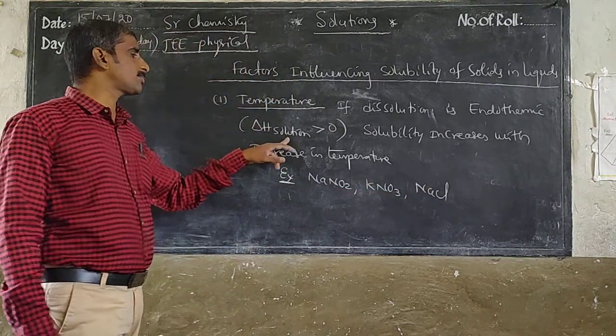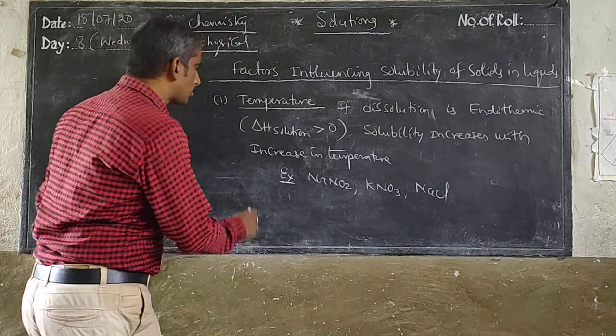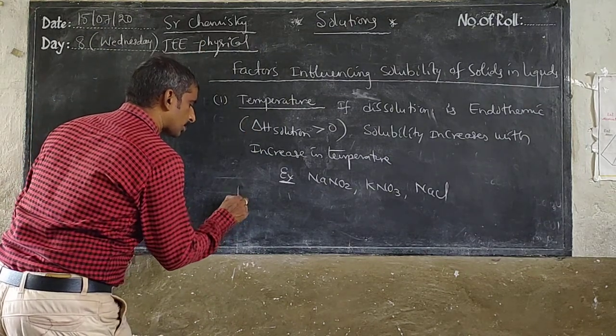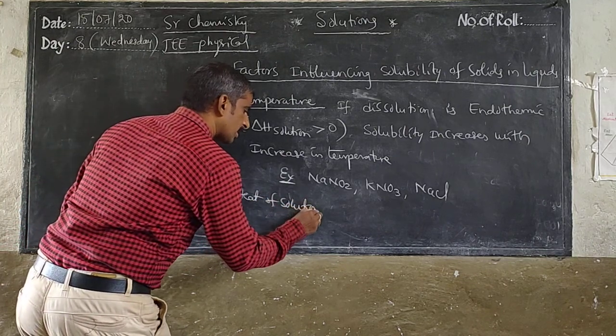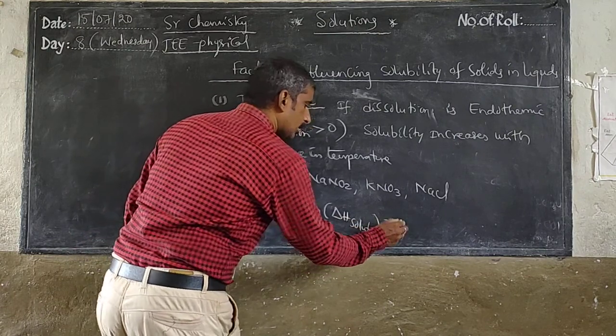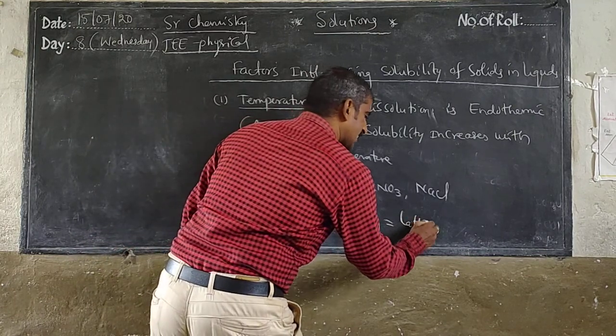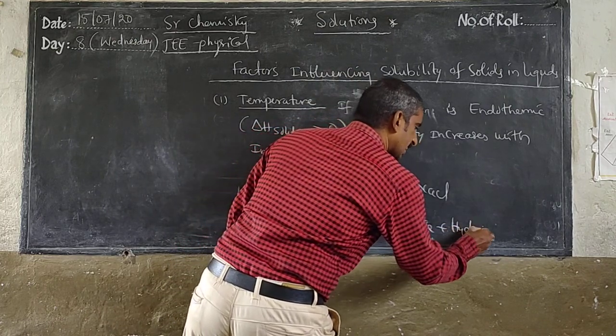Delta H means enthalpy of solution, or heat of solution. Heat of solution equals lattice energy plus hydration energy.